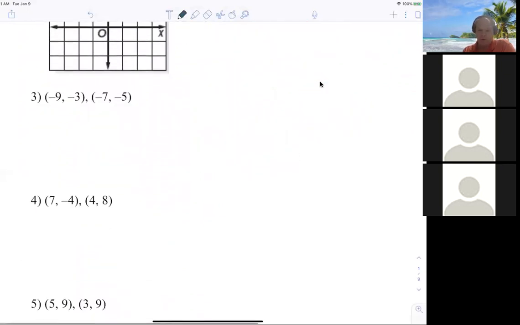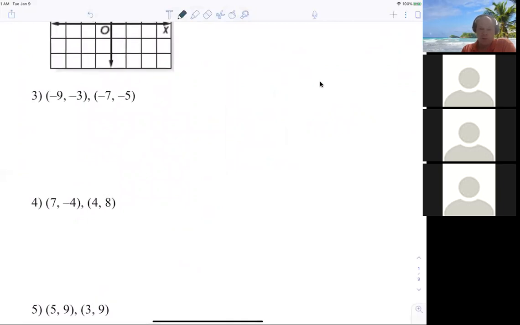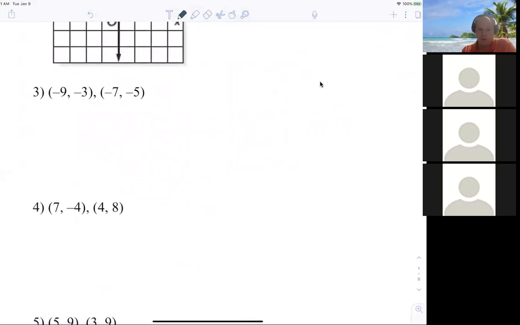So now let's take a look at number 3. Now, they don't give you the line. Now you just use the formula. M equals, again, y2 minus y1 over x2 minus x1. Now, if you recall, this is x1, this is y1, this is x2, and this is y2.